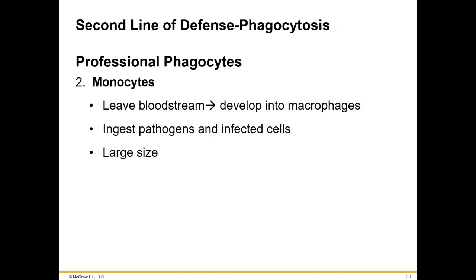So monocytes are not phagocytic until they leave the bloodstream. And once they enter the body's tissue, then they mature into what we call macrophages. Right? So we saw earlier that the monocytes can develop into macrophages.